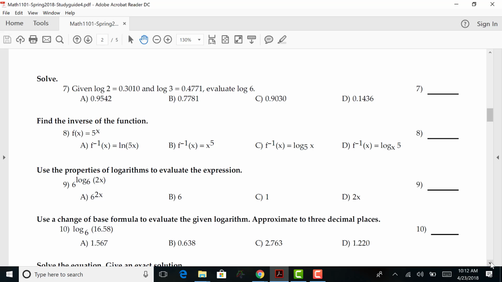These two are the same thing. I'm just rewriting it in function form. So all you're looking for is the answer that says that. Which answer has that?